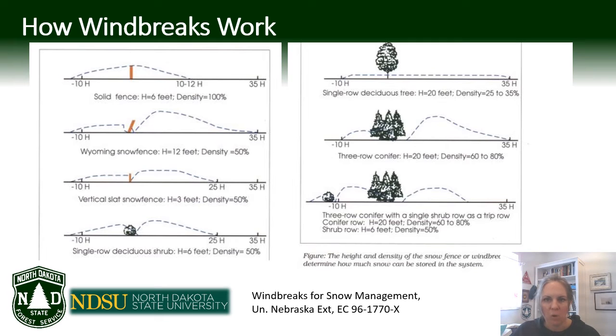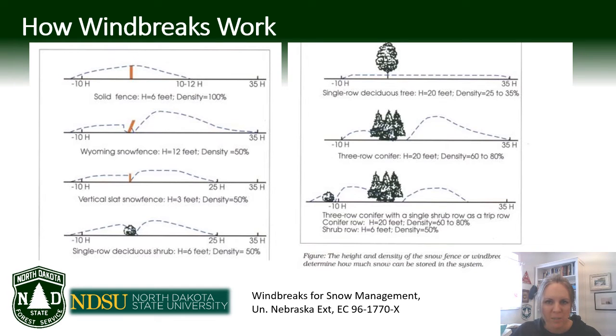So if the goal is to spread snow evenly across a farm field, a lower density is needed. A high density windbreak would result in a deep drift adjacent to that field windbreak, which would not meet the purpose. So why would we ever want to make a big drift?